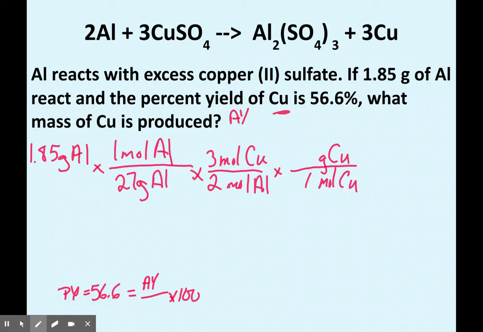Mass of copper is 63.5. This ends up giving me 6.53 grams of copper. That is my theoretical yield, so I'm going to put it down here. So now I'm going to take 56.6 divided by 100 multiplied by this 6.53, and my actual yield turns out to be 3.69 grams.